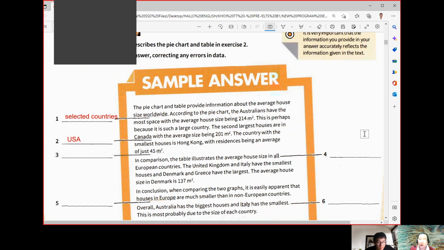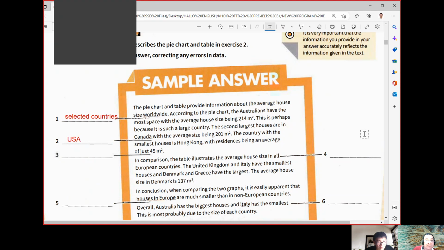Actually, "with residences being an average of" would be correct. Why is it "being"? Because we're talking about residences, and residences are not people. It's not a person, so we can use "being."